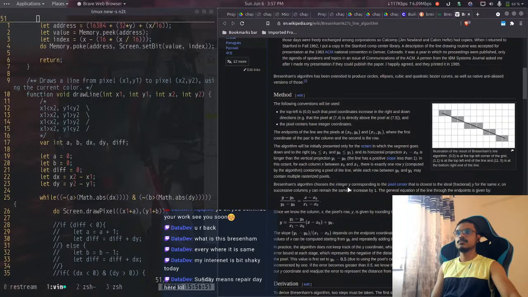Bresenham's algorithm chooses the integer y corresponding to the pixel center. What is a pixel center? Integer coordinates. Okay, this is a pixel center that is closest to the ideal y for the same x on successive columns. Y can remain the same or increase by 1.